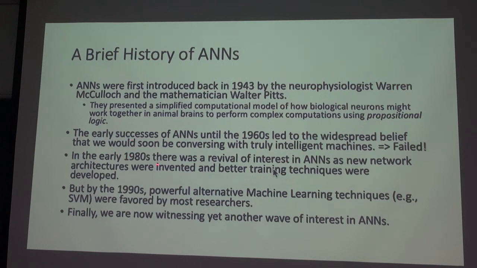They presented a simplified computational model of how biological neurons might work together in animal brains to perform complex computations using propositional logic. At that time, they really used animals to do experiments. They tried to do some stimulation to the animal, and they killed the animal immediately.